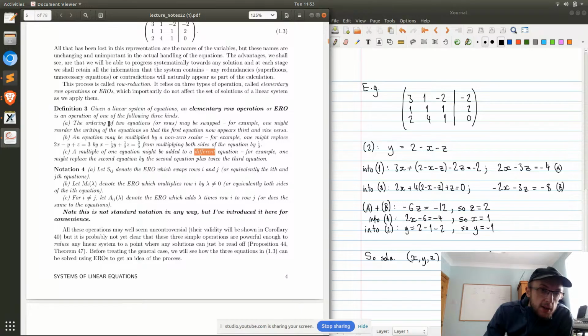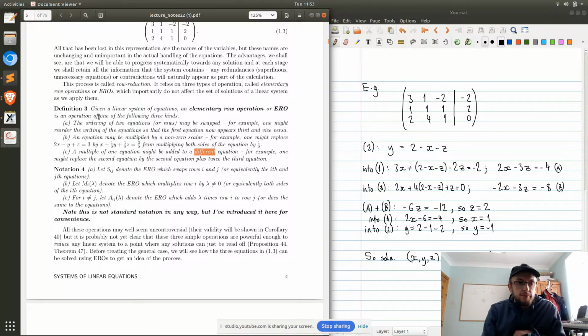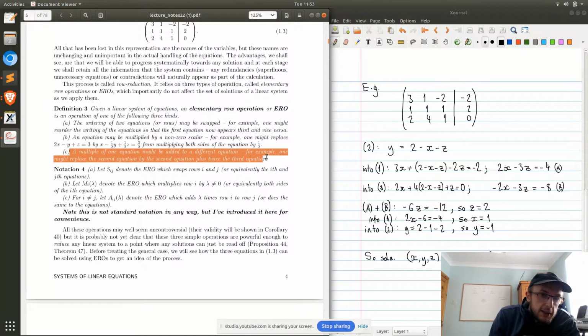And then here, to turn A into B and B into A, you could say that from A, we're going to subtract A and then add B. And then for B, we're going to subtract B and then add A. So you see how everything is just a special case of this here, the third ERO.